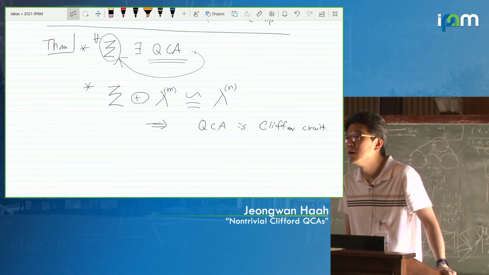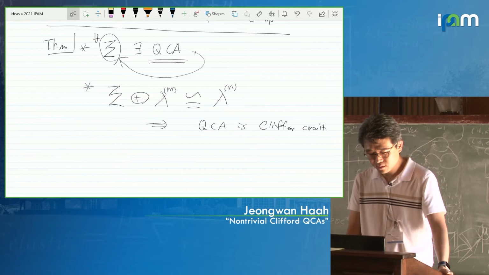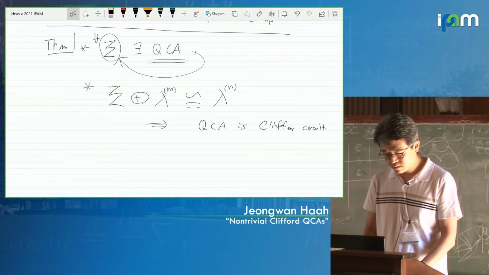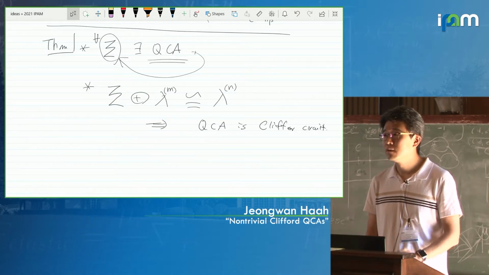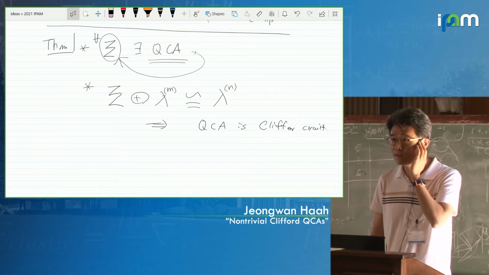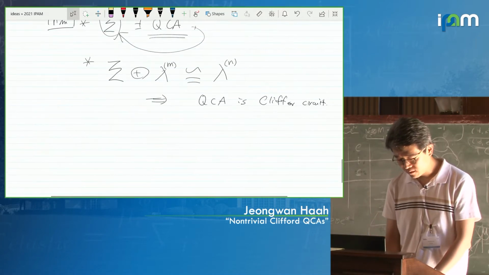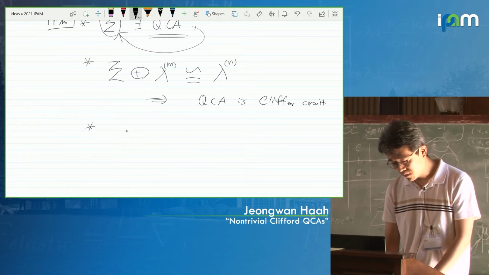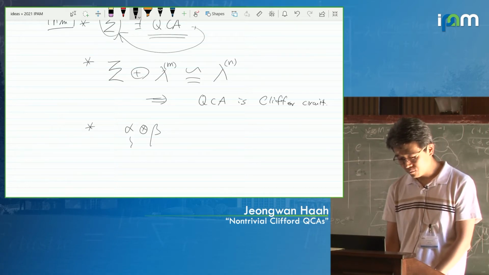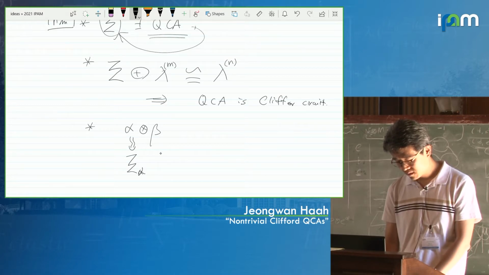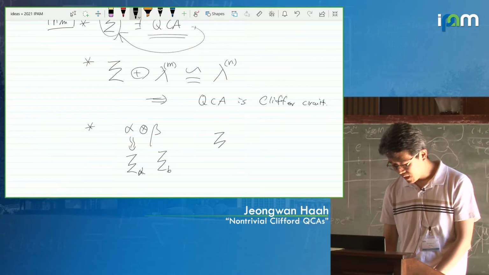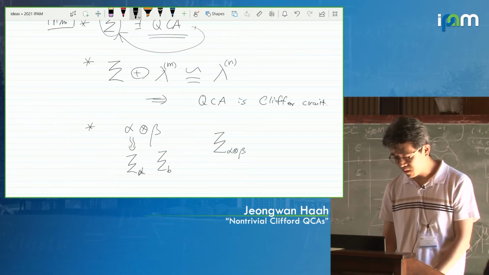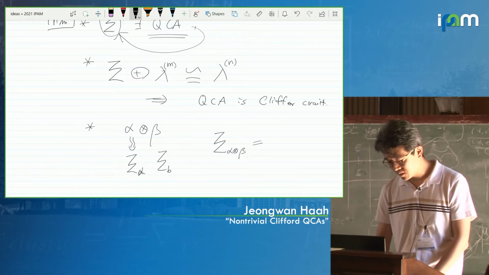Sorry? Are they all order 2? This new one? No. Well, there's no order here. Another fact: if you combine two Clifford QCAs, alpha and beta, then there will be corresponding anti-Hermitian matrices, and the anti-Hermitian form of the composition is actually the direct sum of the two.